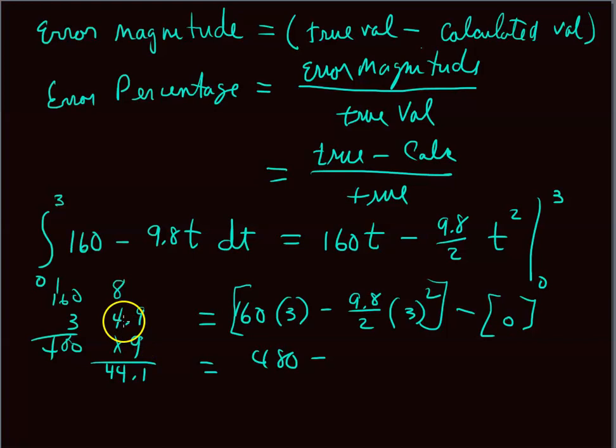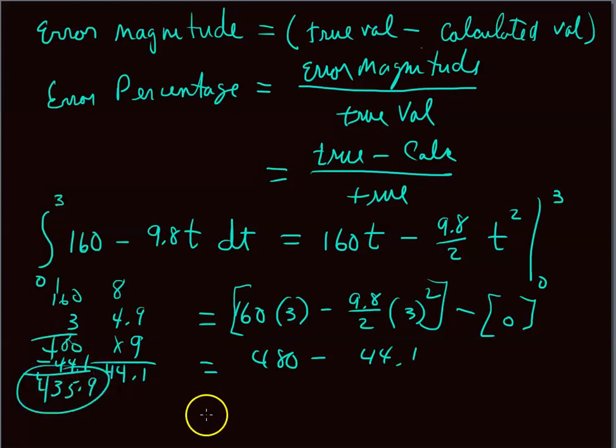Does that make sense? 36 and 8.1. Yes, okay. That should be correct, minus the 44.1. So 480 minus 44.1 is 0.9. 9 minus 4 is 5. 3, 435.9. Oh my gosh.